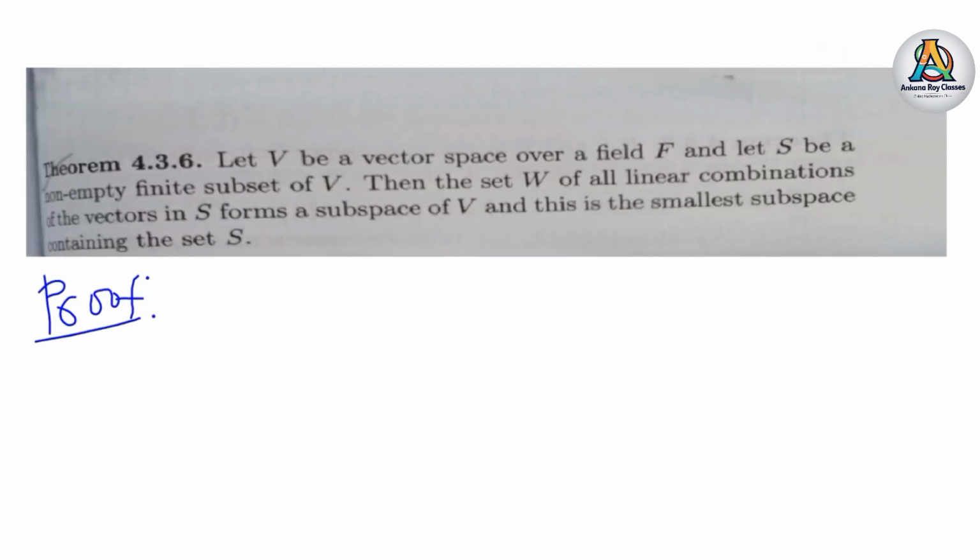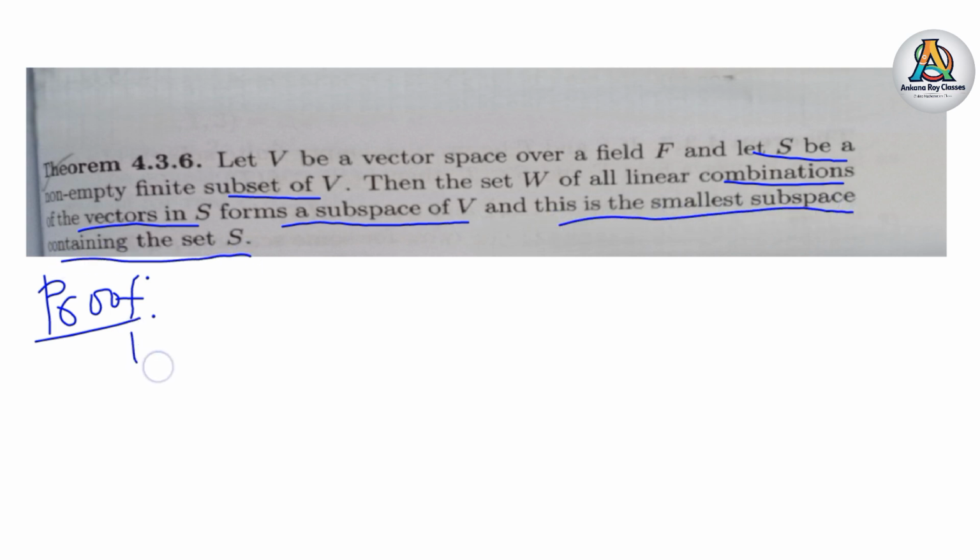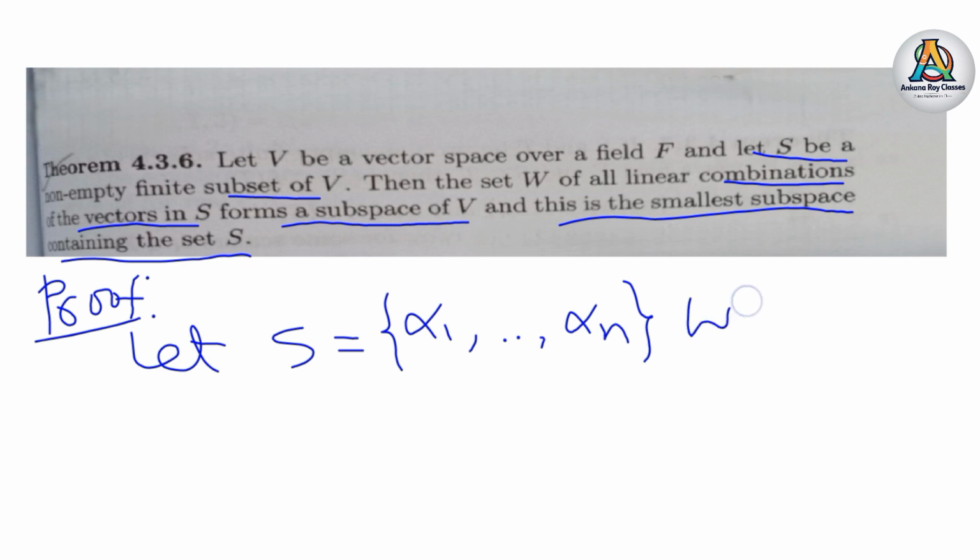Here is another theorem. Let V be a vector space over a field F and let S be a non-empty finite subset of V. Then the set W of all linear combinations of the vectors in S forms a subspace of V, and this is the smallest subspace containing the set S. Let S equal alpha 1, alpha 2, up to alpha n, where alpha i belongs to V for all 1 less than or equal to i less than or equal to n.